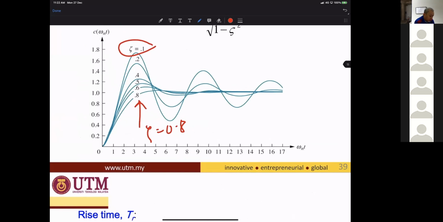Excuse me, but how do we find the overshoot? In this case, there is no overshoot. So how do we get the zeta value? Because if we want the zeta value, we need to have the overshoot.